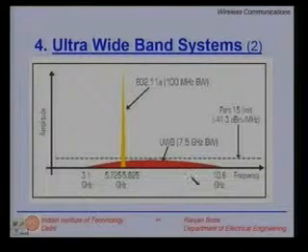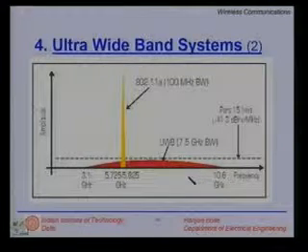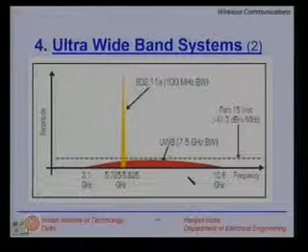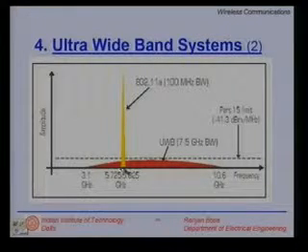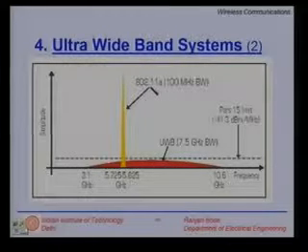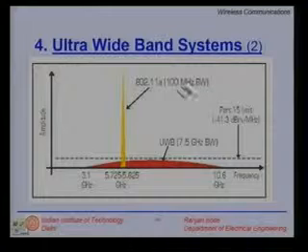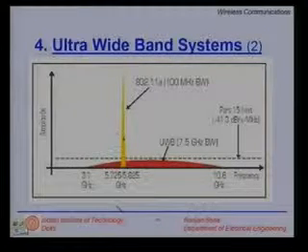That's a total of 7.5 gigahertz of bandwidth. It's a huge bandwidth. In comparison, please note the bandwidth allocated for IEEE 802.11a. It's a meager 100 megahertz of bandwidth.